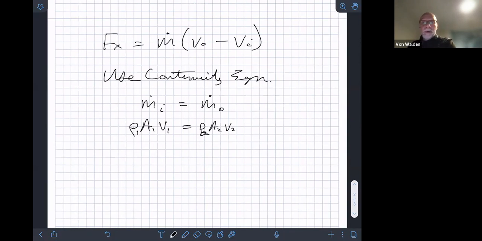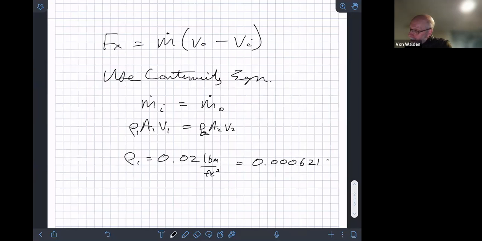The other thing to note is that we are given the densities. Rho 1 is given as 0.002 lbm per cubic foot. Again, we can divide this by 32.2 to put it into slugs, which gives us a smaller number, per cubic foot.